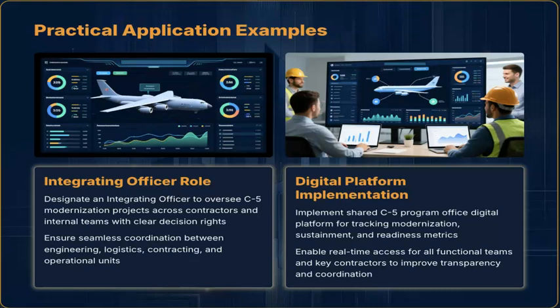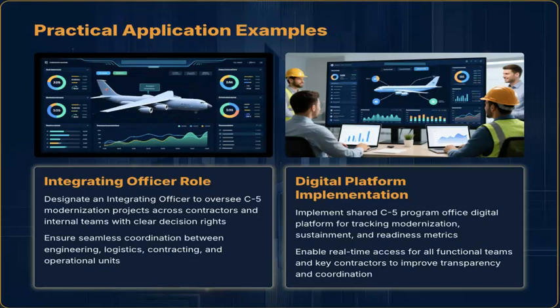Practical application. To make things easier for our office to better understand the helpfulness of lateral design, I've created a few examples that should get the point across. If we appoint integrating officers, they could oversee modernization projects across contractor and internal teams with clearly defined decision rights.